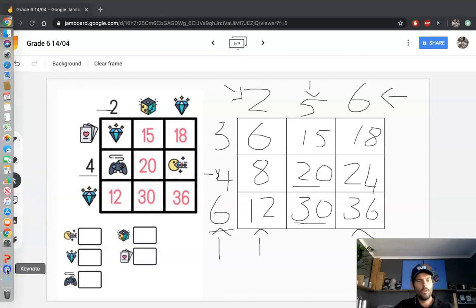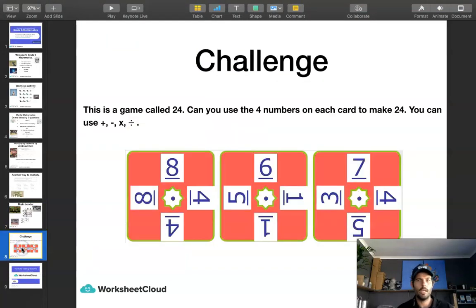Okay, guys, so all that's left for me to show you today is your 24 challenge. So remember here, you need to use all 4 numbers. So there are 3 tiles there. So on the first tile, you need to use 8, 8, 4, and 4, and you need to come up with the answer of 24. So you can use whatever operational signs you want.